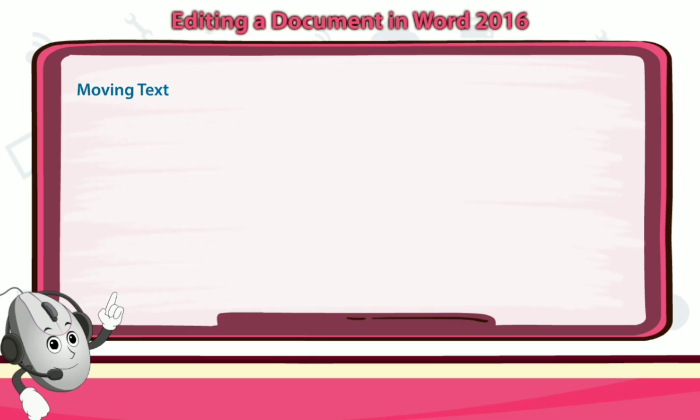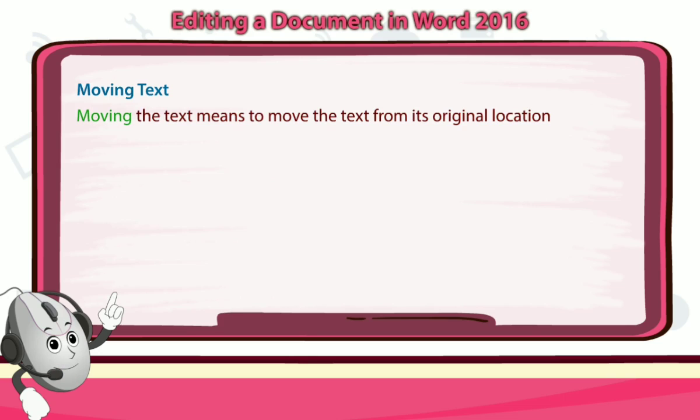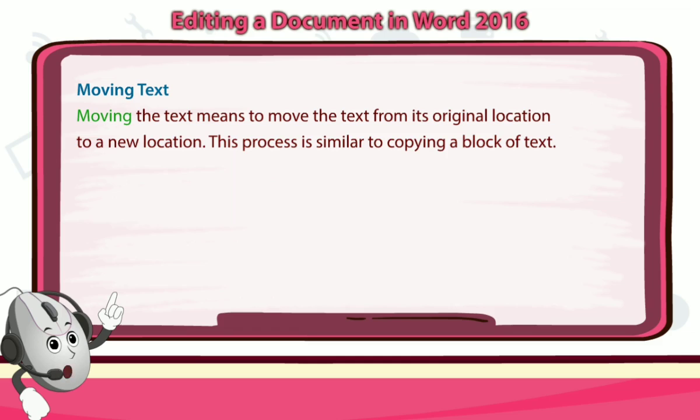Now let's learn moving text. Moving the text means to move the text from the original location to a new location. This process is similar to copying a block of text.